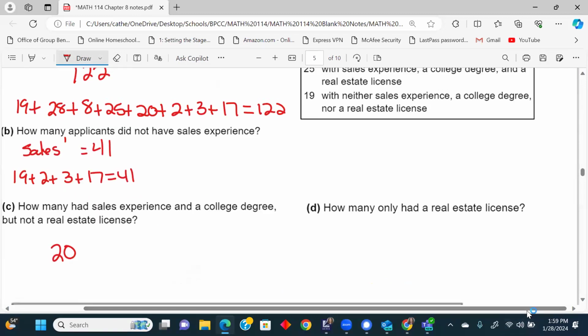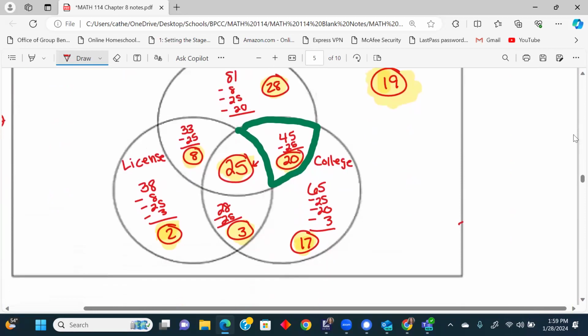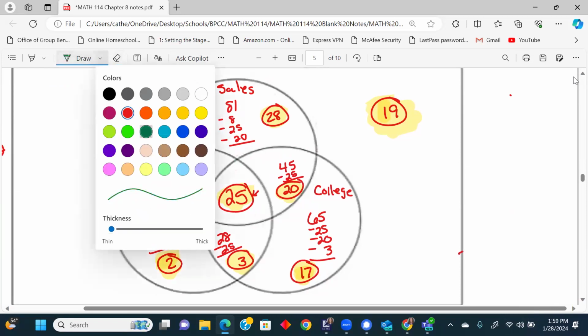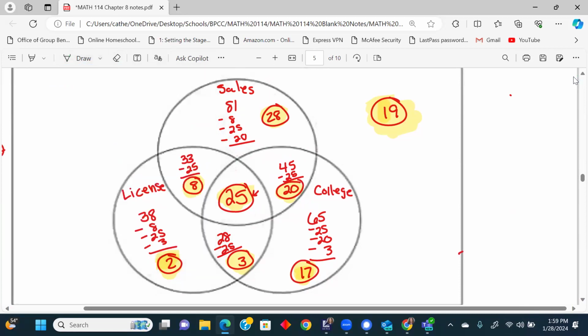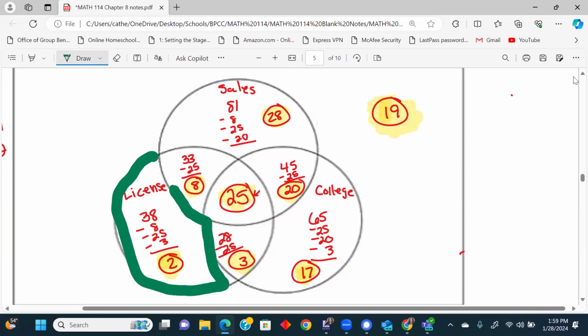Okay. How many only had a real estate license? That means they did not have a college degree, nor did they have any sales experience. So only a license, but no college degree and no sales experience.